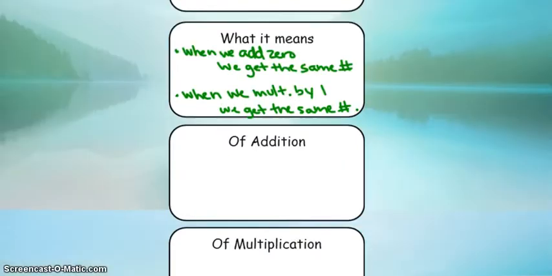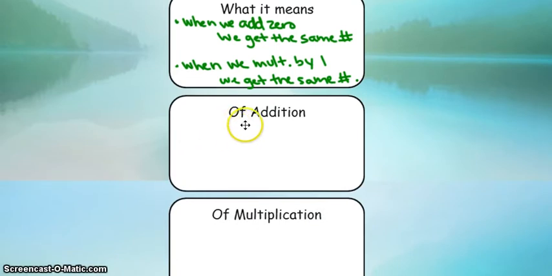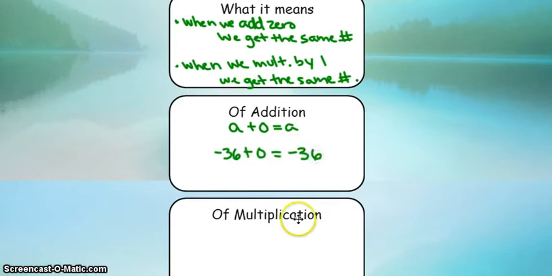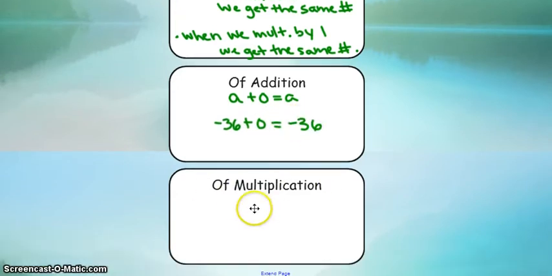Alright, so the identity property of addition is if we do a plus 0, we get a. Really easy example. Negative 36 plus 0. If we add 0 to negative 36, we get negative 36. Wonderful. Of multiplication, if we do a times 1, we get a. An easy example. 36 times 1 is equal to 36.